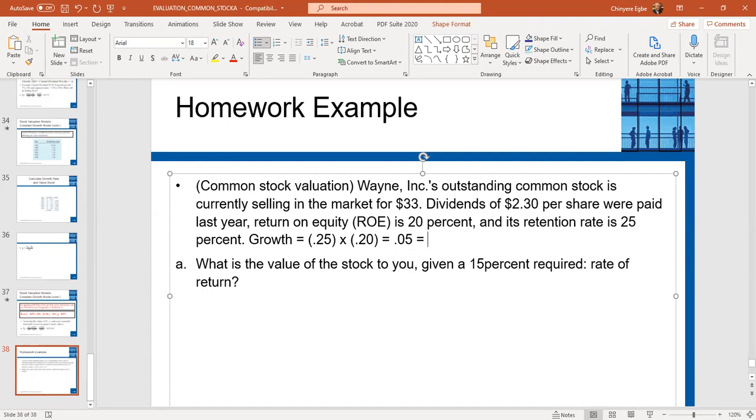So this is a 5% growth. Take note of how we calculated this growth.